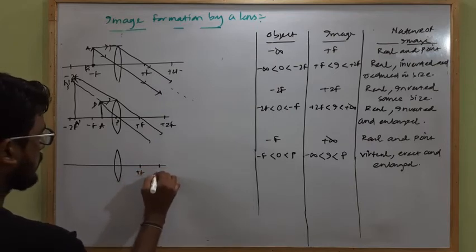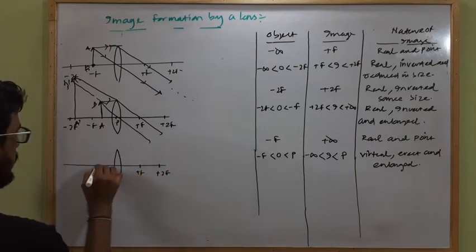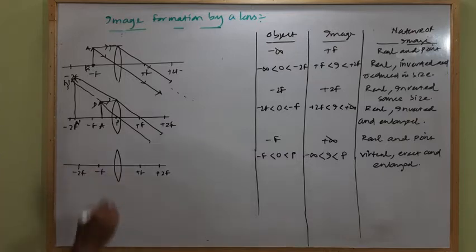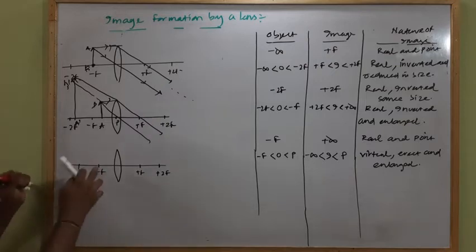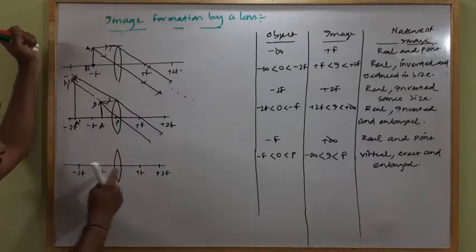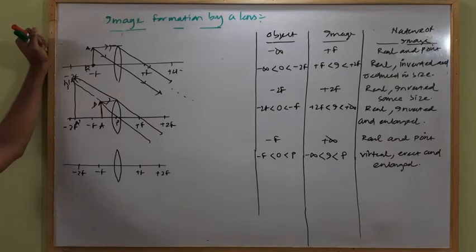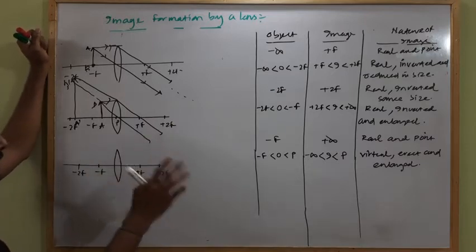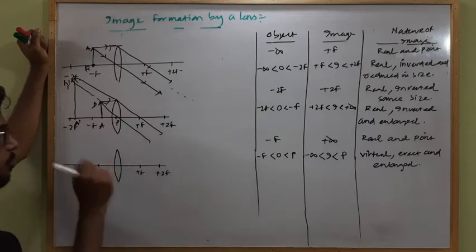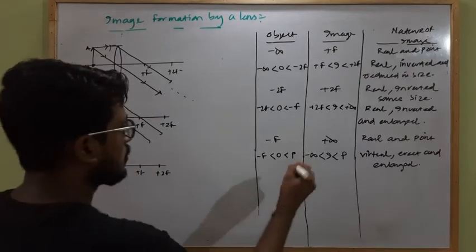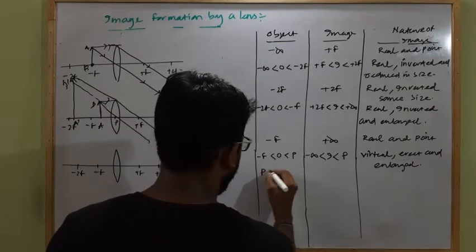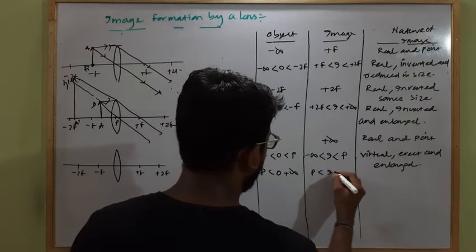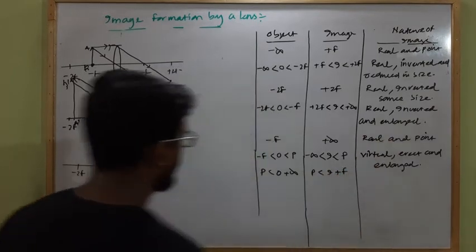plus f, plus 2f, minus f, minus 2f. Okay. So in this case, when the object travels from the pole to plus infinity, the image will travel from the pole to plus f.